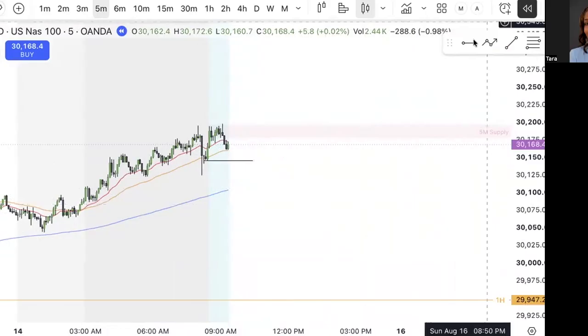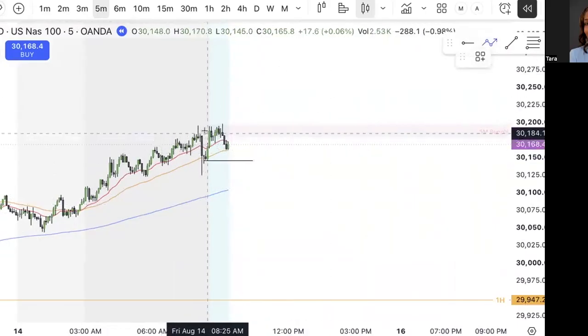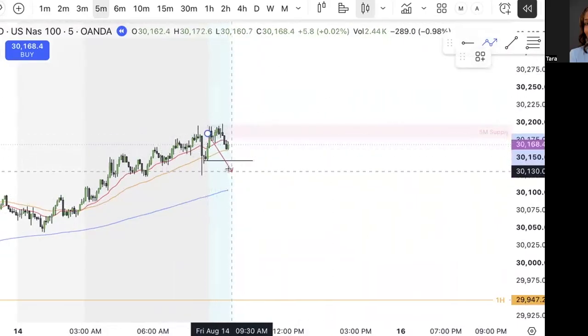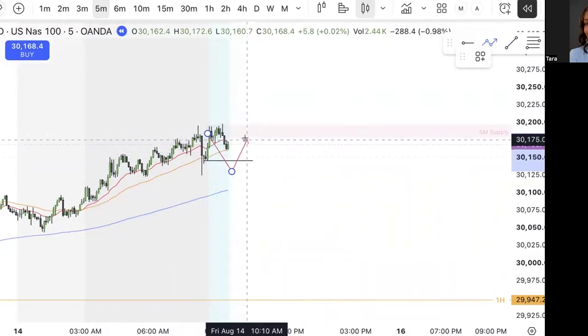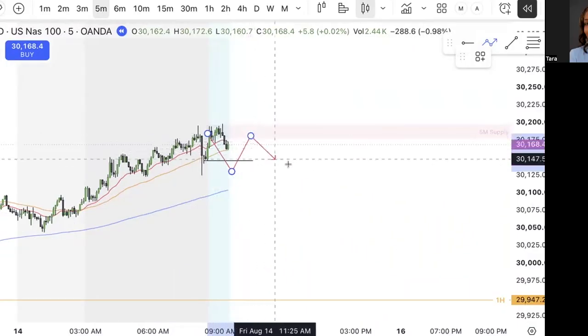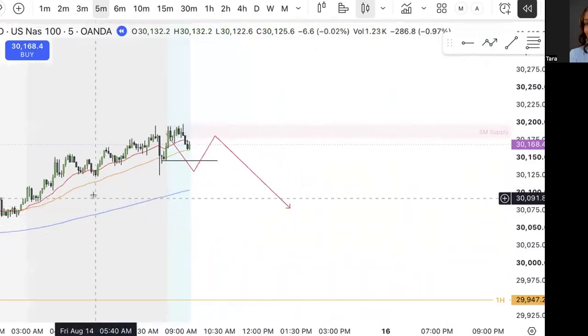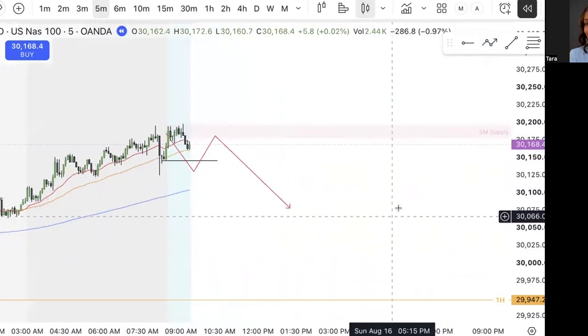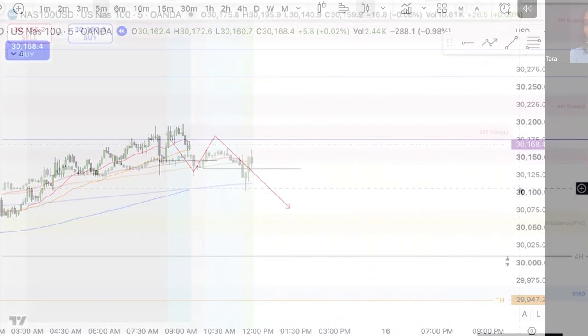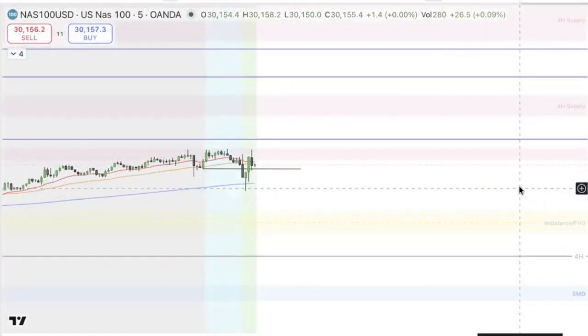And so another scenario involves price breaking the support level below, coming back up into supply, and then continuing to the downside. Okay, so that's another idea that we're going to keep an eye out for as we're trading after opening bell. And we can see that price has already given us a break of that support zone that we drew before.